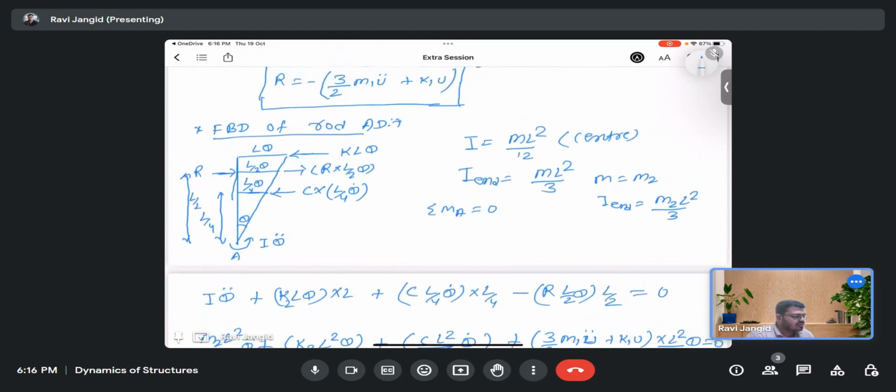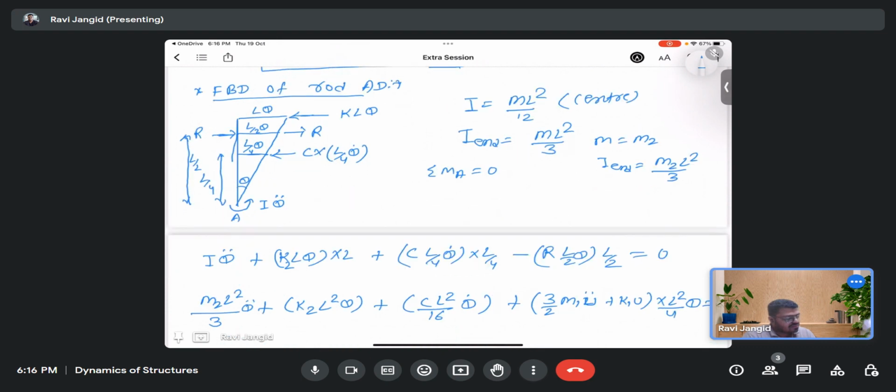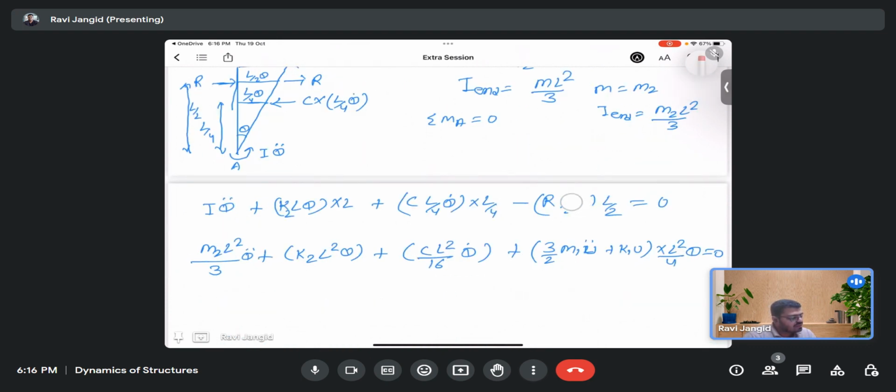Sorry, because we have made a mistake. R is the reaction, so we do not need to multiply it with that. It is simply R, and that R is simply multiplied with l by 2.